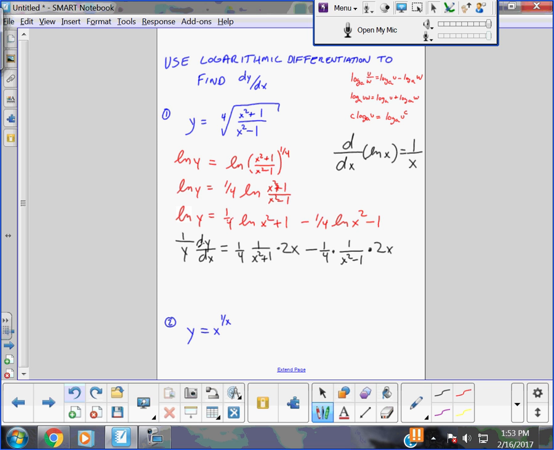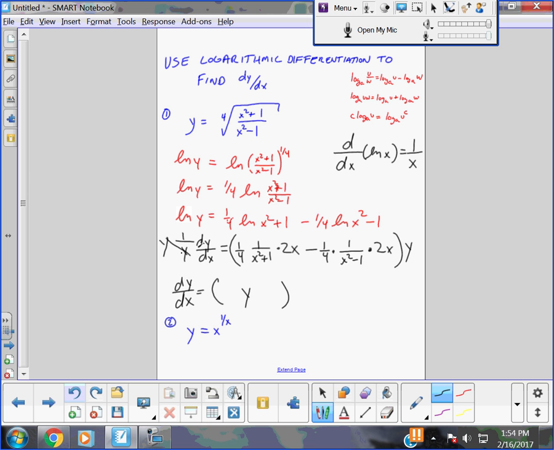On the other side, I wouldn't clean it up much. Here's what I would do. I'm going to write dy/dx equals, and leave space for y. I'm going to multiply both sides by y and cancel the y over here.